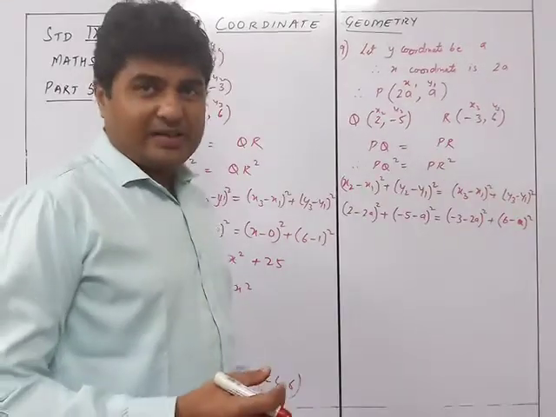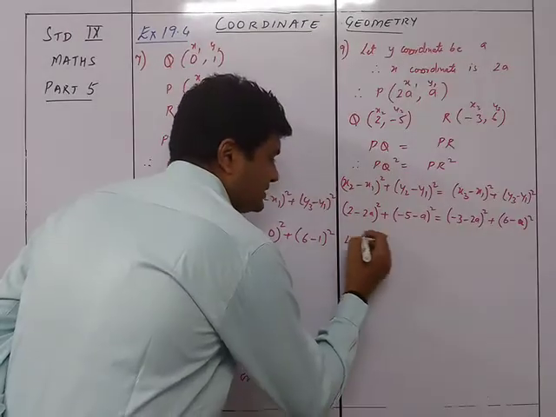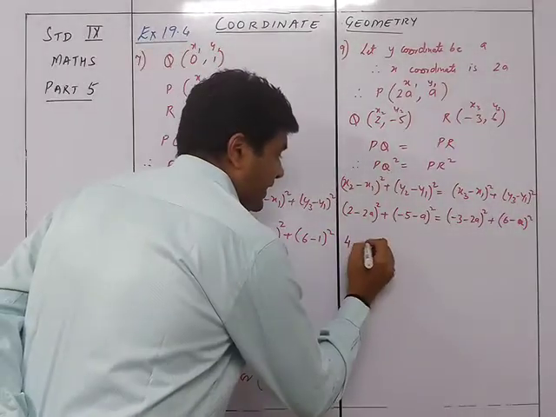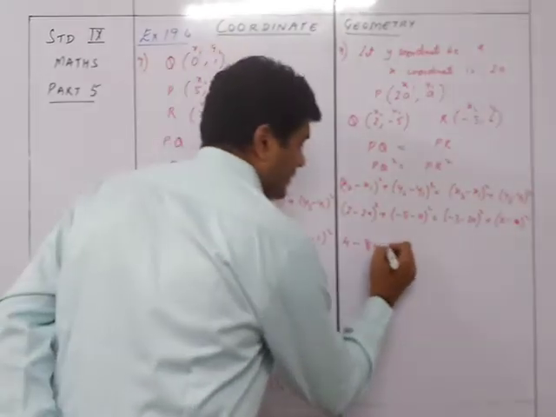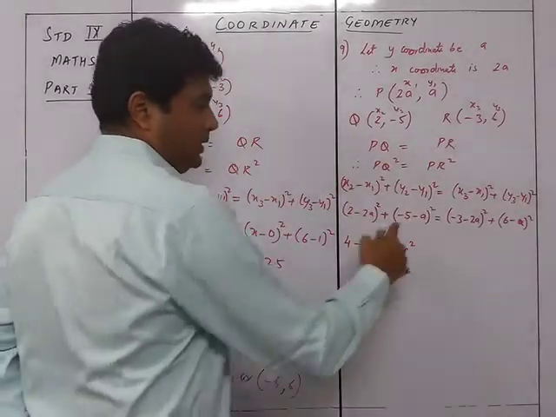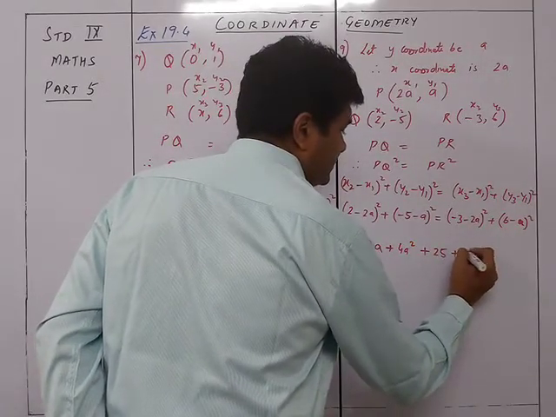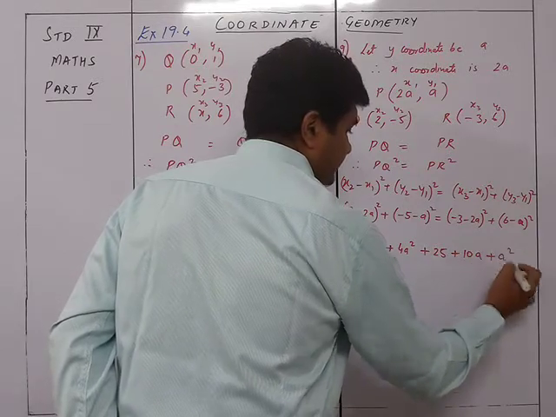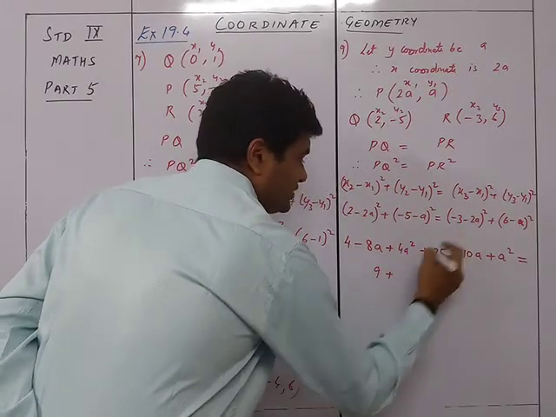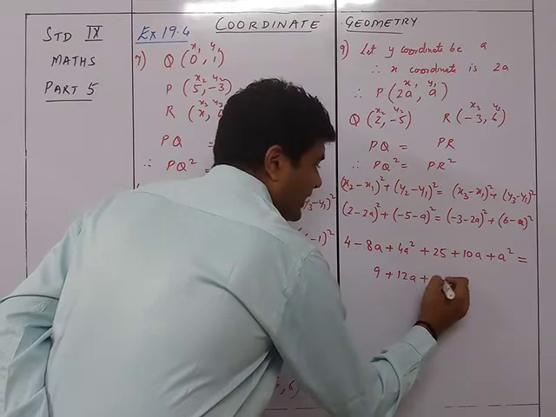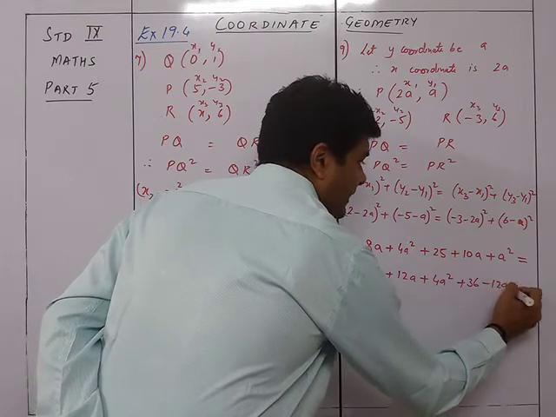We need to open all the brackets. So one by one, let's see. It will be 4 minus 8a plus 4a square, plus 25 plus 10a plus a square, is equal to 9 plus 12a plus 4a square, plus 36 minus 12a plus a square.